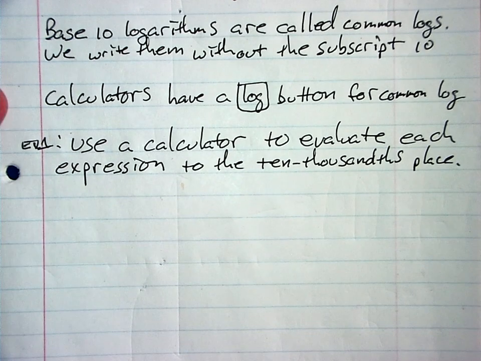So tenths, hundredths, thousandths, ten-thousandths, so that's 4 decimal places.